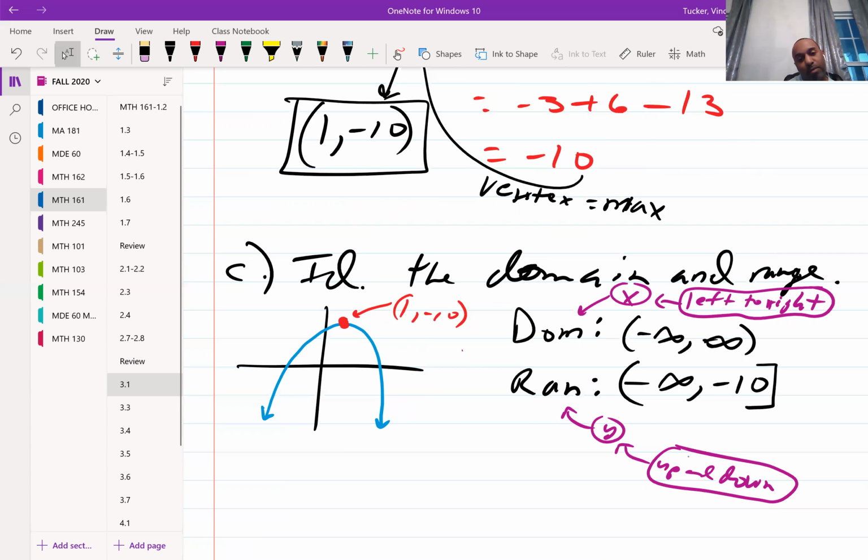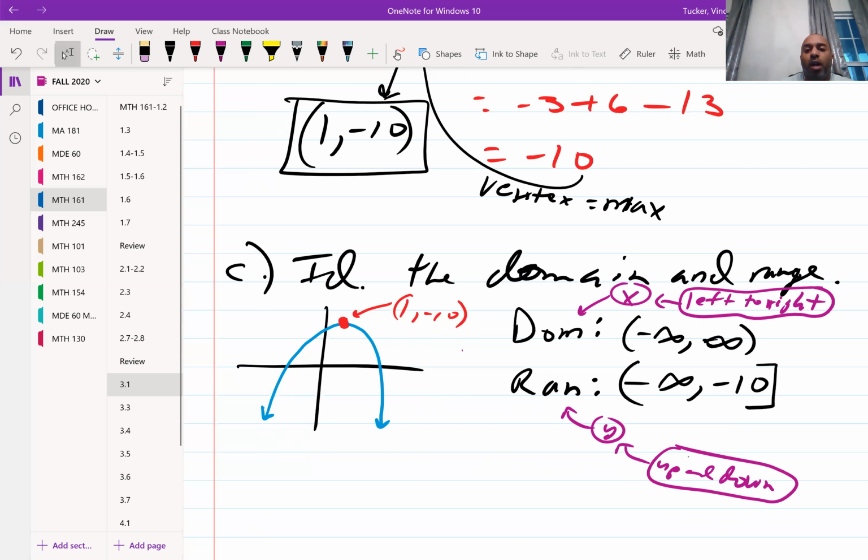There's no value you can plug in for x that will make it undefined. So for quadratic equations, the domain will always be negative infinity to positive infinity, in general.